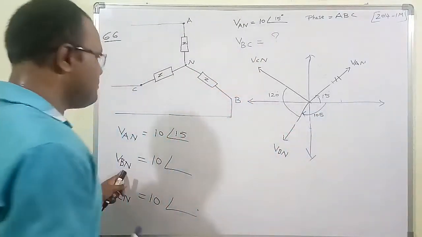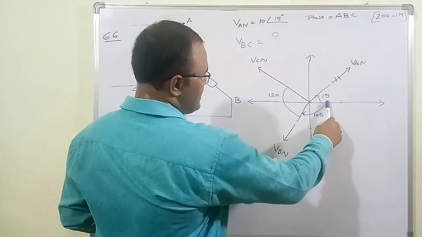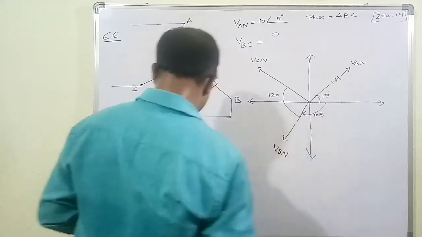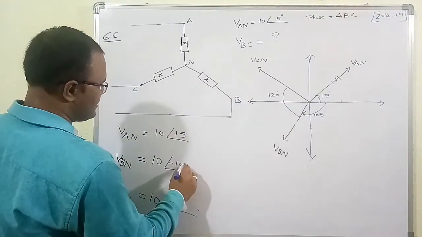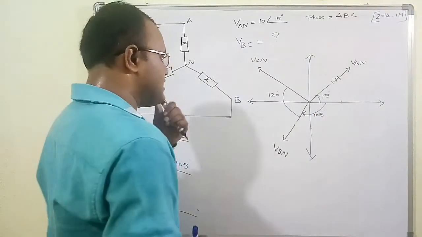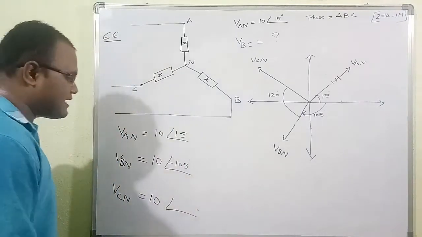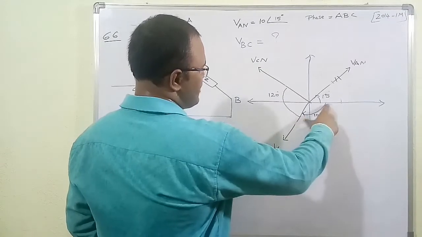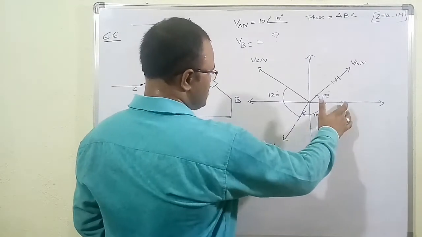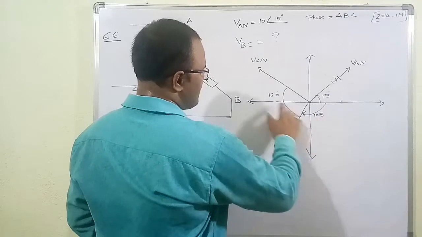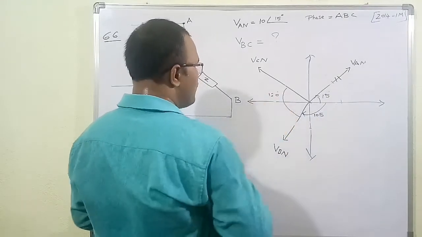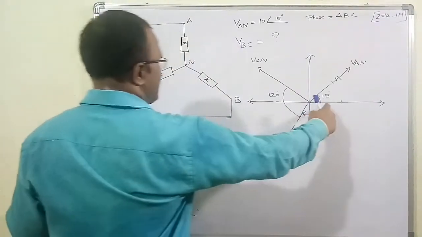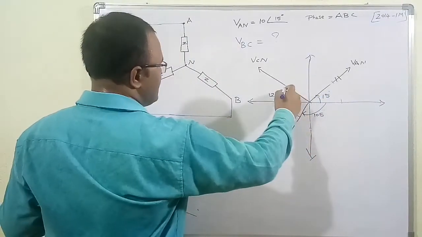VBN is equal to, in the clockwise direction, the angle 105. Clockwise the angle is negative, so minus 105 degrees. Anti-clockwise the angle is positive and clockwise the angle is negative. For VCN, this is 120 and this is 105, so the total angle from the positive x-axis is 105 plus 120, which is 225, in the negative direction.